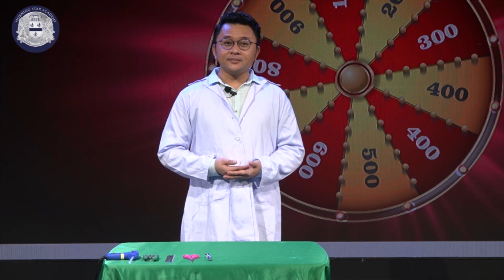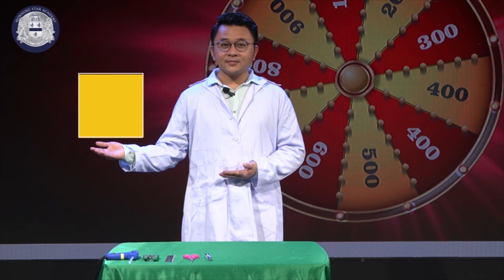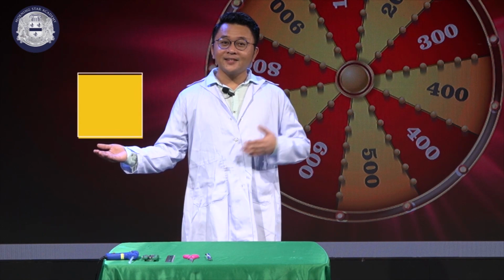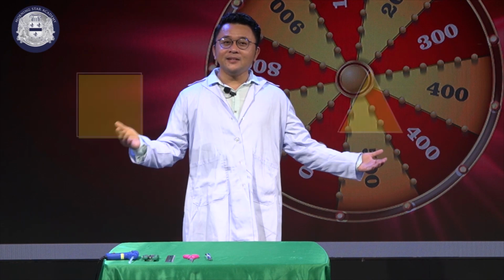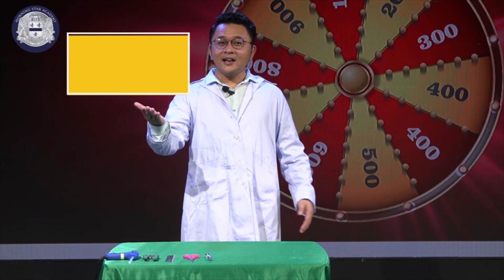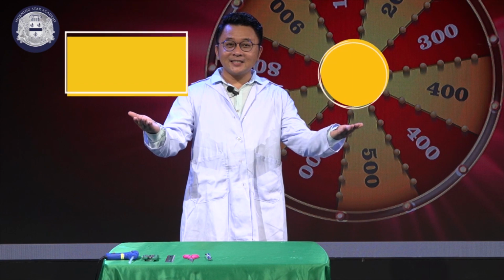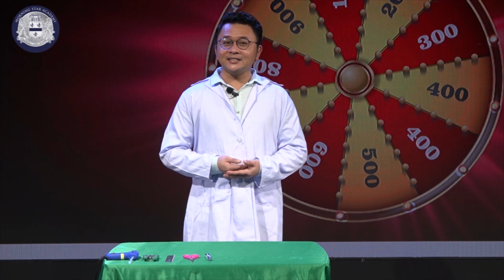Those are the examples of shape. Who will try to recall? Again, what shape is this? Good. How about this? Good job. This and this. So kids, remember the second element of art is shape.